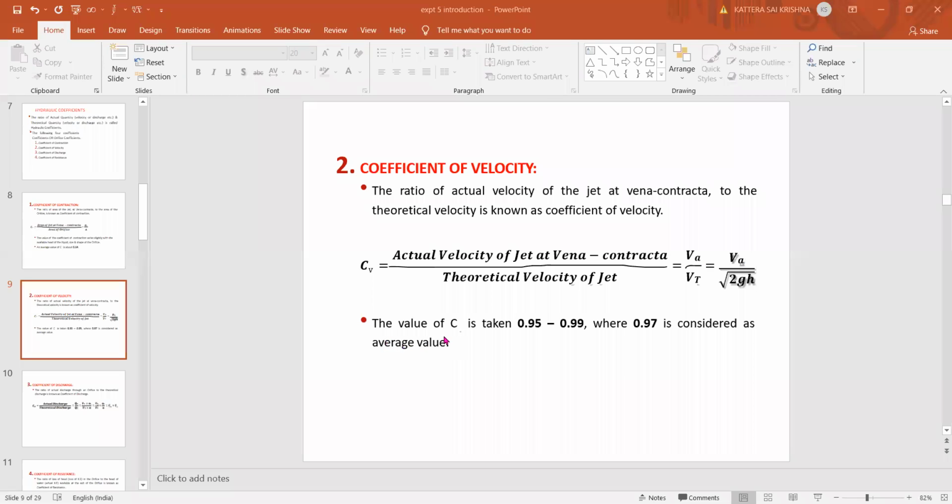CV is taken in the range of 0.95 to 0.99.